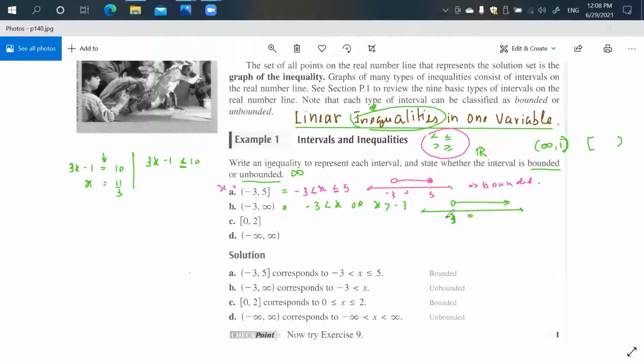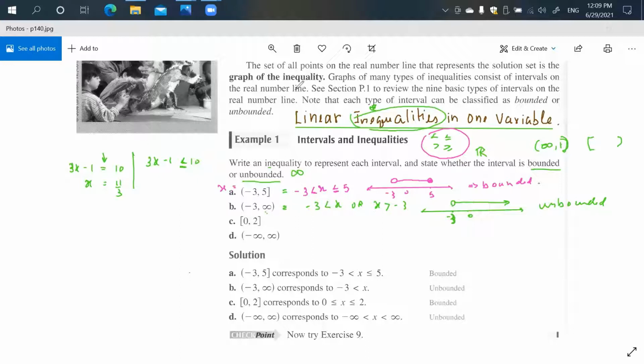Then bounded or unbounded? This one is unbounded. Why? Because there is an infinity sign here.